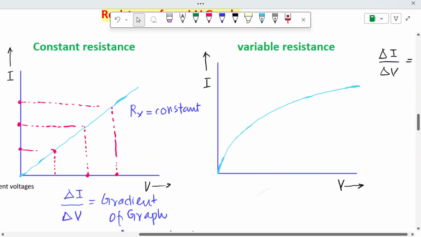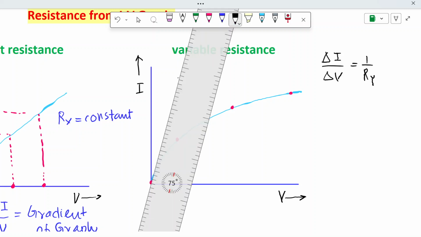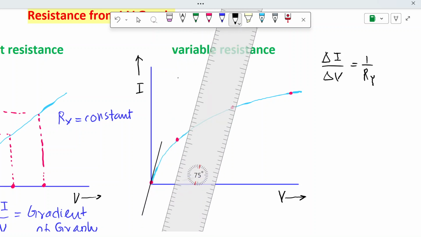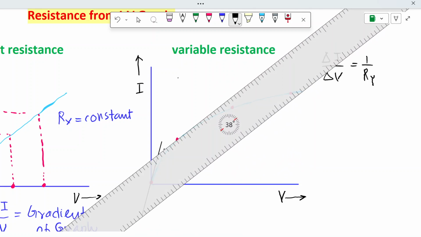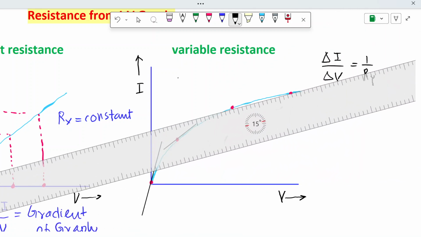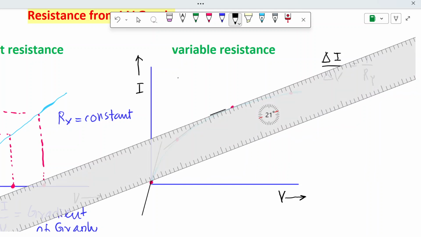Now dear students, I want to show you a few points so you can dive deep and understand what is happening with the resistance of this wire. So let us draw the tangents. This is the tangent line at this point. You see that it would be a maximum steep line, and this will be a tangent line at this point, and then the tangent line at this point.